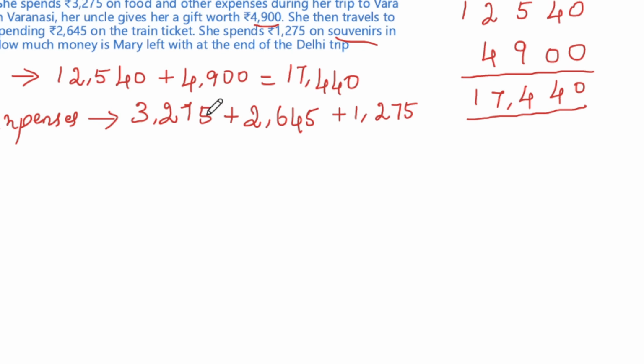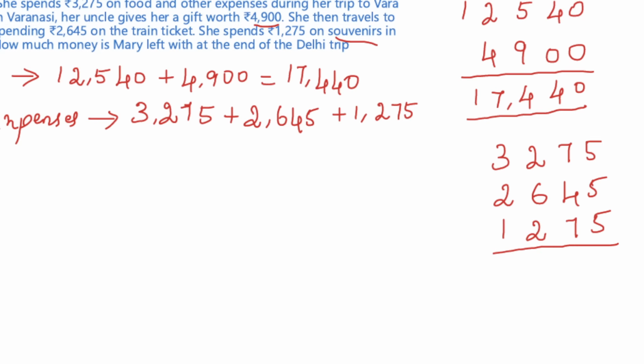Now I'm going to add all the amounts which she spent. Everything is in thousands, so it is easy. 3,275 and 2,645, 1,275.